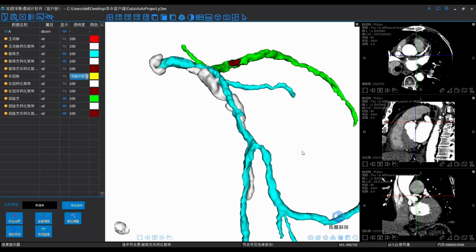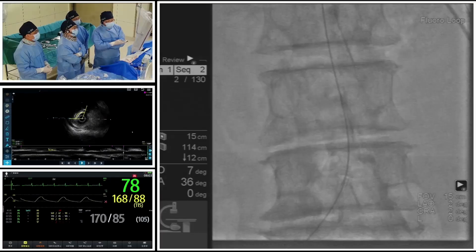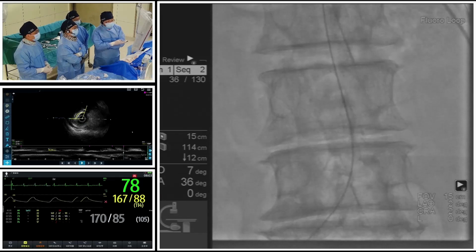Okay, let's see today's case. This time we choose the right femoral approach.